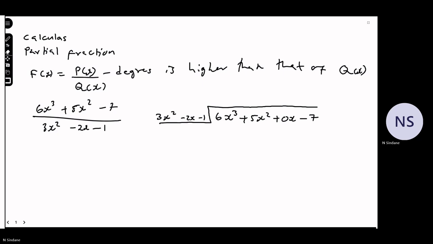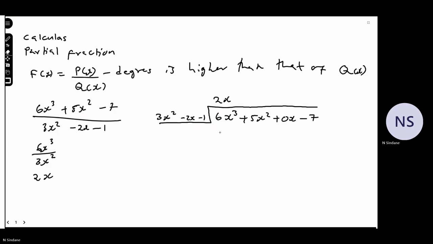Right? So the first thing that I'm going to do, I'm going to say 6x cubed divided by 3x squared. 3 into 6 goes 2 times, and x squared into x cubed leaves x. So 2x is our quotient term when we divide 6x cubed over 3x squared. And then I'm going to say 2x multiplied by 3x squared.